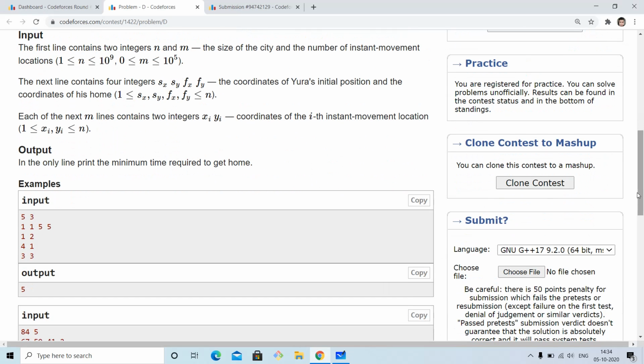For example, in the first example, we have to go from 1 comma 1, which is our source, to the destination, which is 5 comma 5. Let us say the destination is here, and we have some magical locations in between.